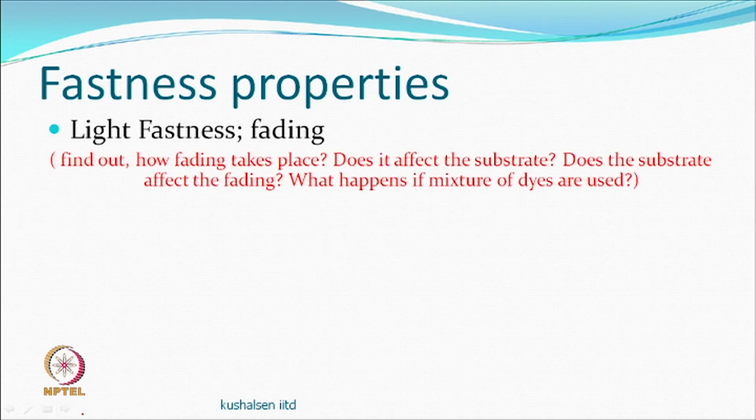Light fastness also, because certain portions of the garment are exposed fully, certain portions are exposed less, and if the fading is not happening at the same rate, then the shade change takes place.